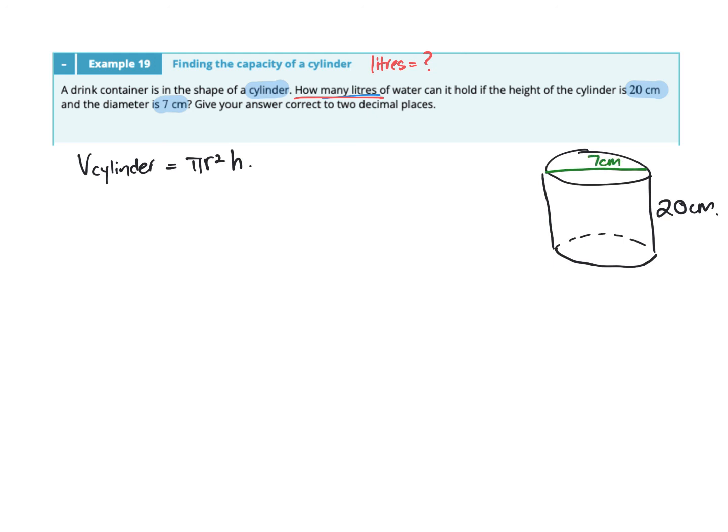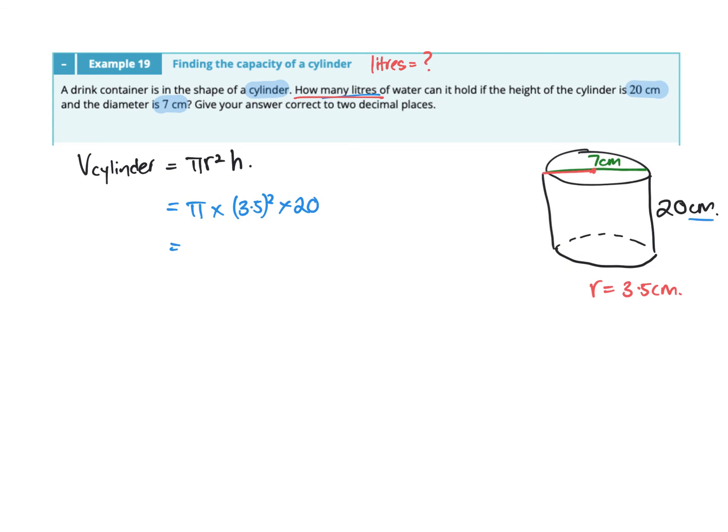So what's the radius? Yeah, the radius is only half of it, so we're going to say 3.5 centimetres. So when we go back to our formula and find our volume, we're going to do pi times 3.5 squared times height, which is 20. And this is all in centimetres. Okay, so let's do that.